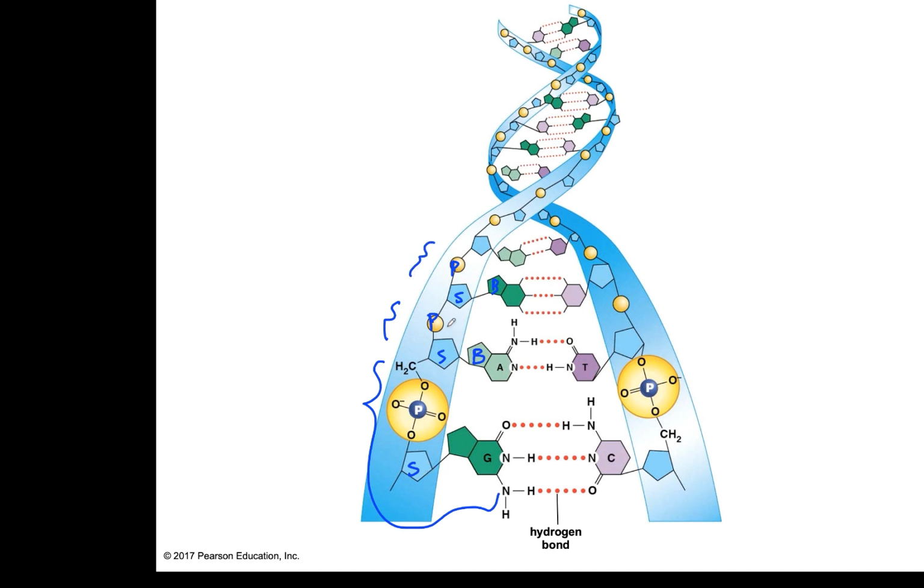And each nucleotide joins together to form the sugar phosphate backbone. Sugar phosphate, sugar phosphate, sugar phosphate. So this one strand can be formed by the sugar phosphate backbone, and nitrogenous bases protrude from the sugar phosphate backbone.